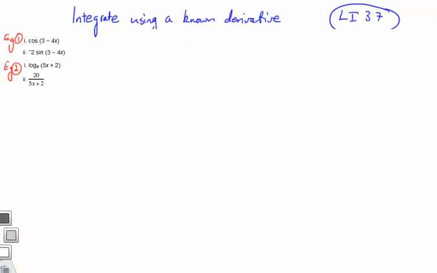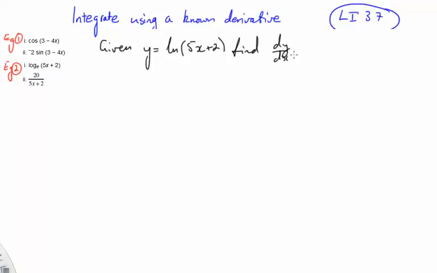So what they're really saying is, given y equals the natural log of 5x plus 2, find the derivative, find dy/dx.